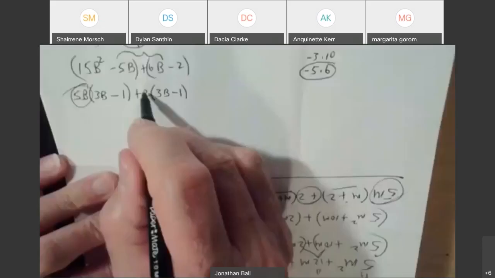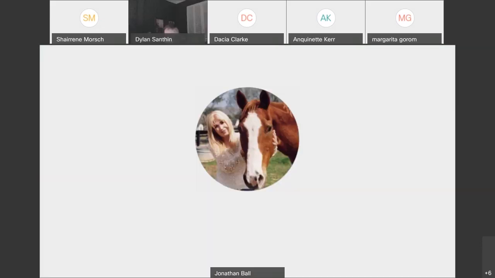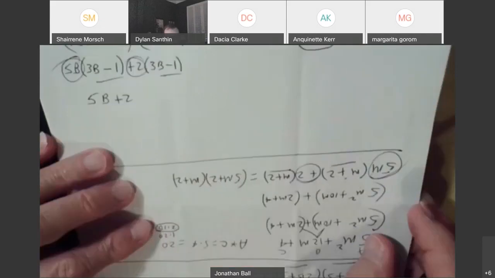These two are the same, which we have to have. So we have 5b plus 2 times 3b minus 1.